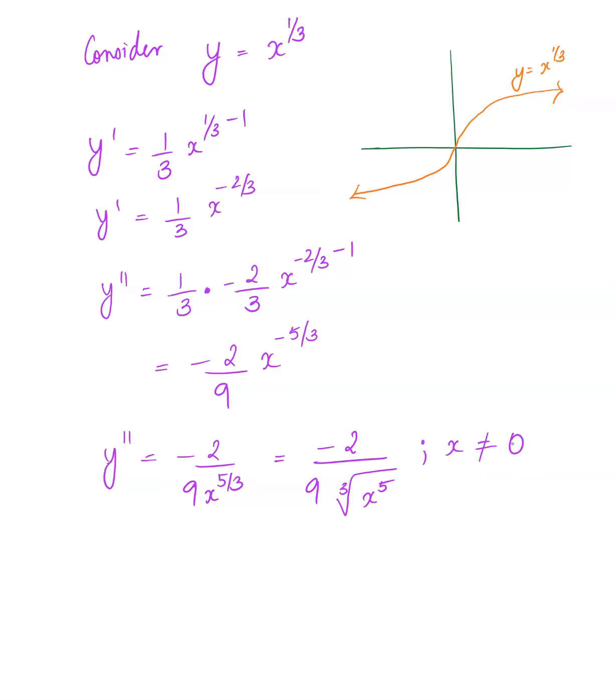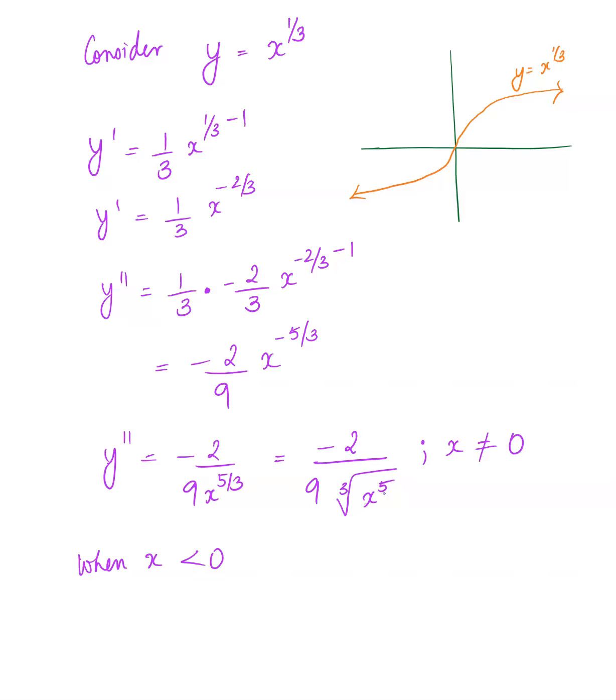So does the concavity change? Okay. When x is negative, you are going to get a negative quantity, negative x here, negative power 5, right? So negative power 5. So that also is going to come back as a negative.